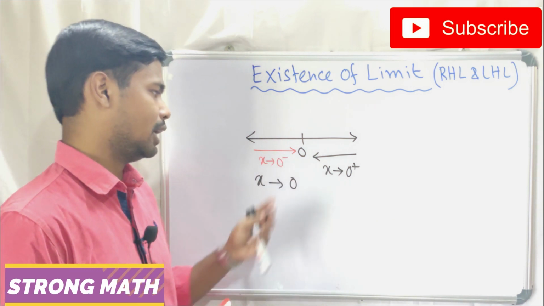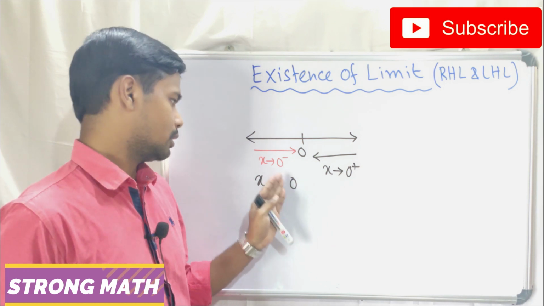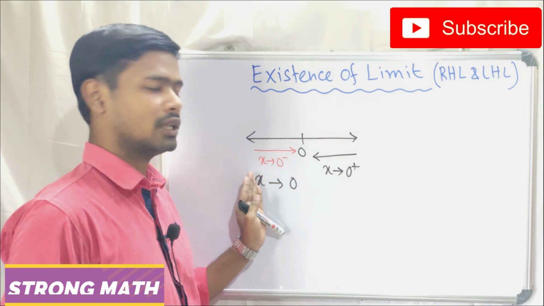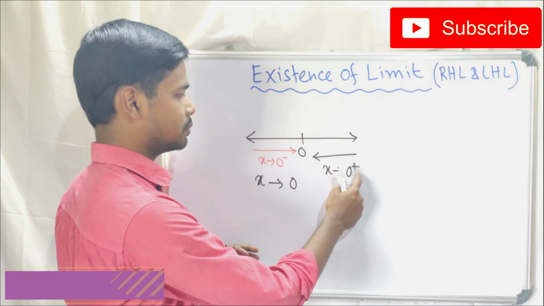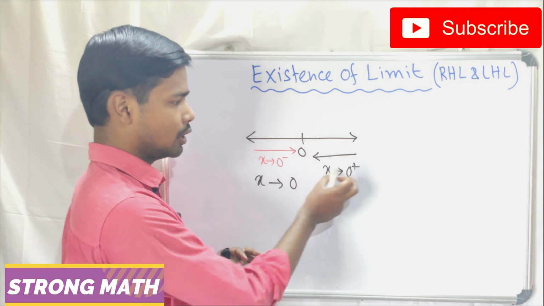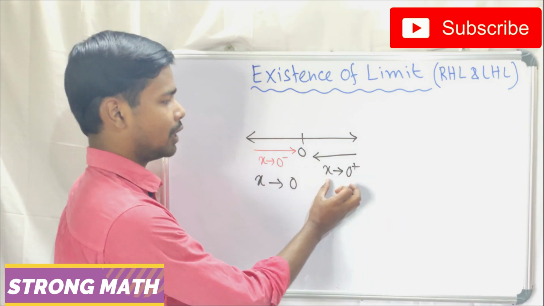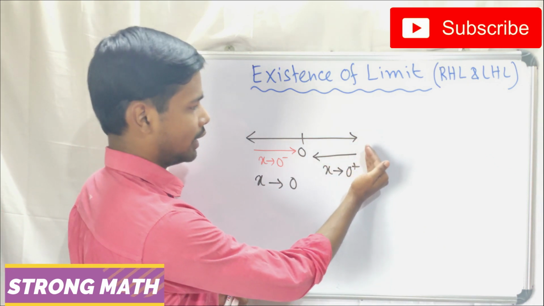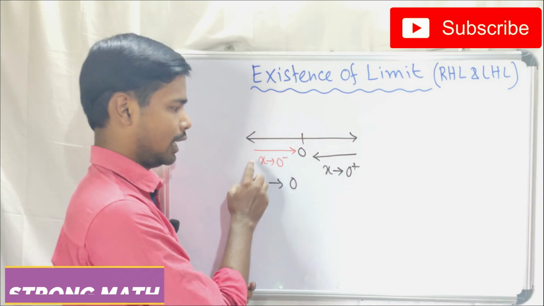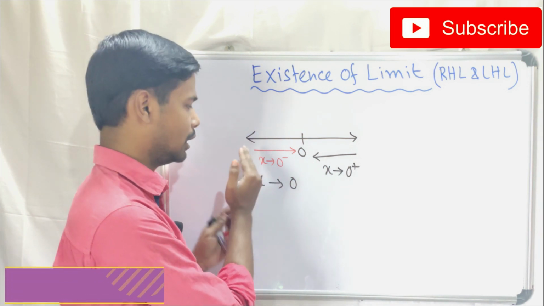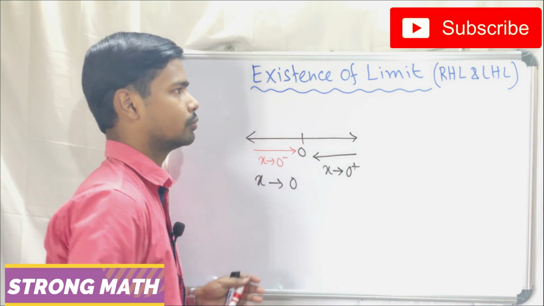So the negative sign here indicates the left hand side of 0 and the positive sign of 0 gives us the right hand side of 0. So x tends to 0 plus is from the right hand side towards 0 and x tends to 0 minus means from the left hand side towards 0.